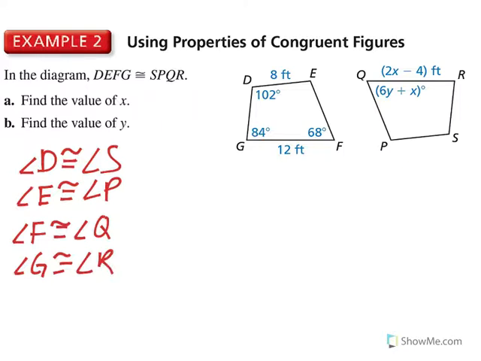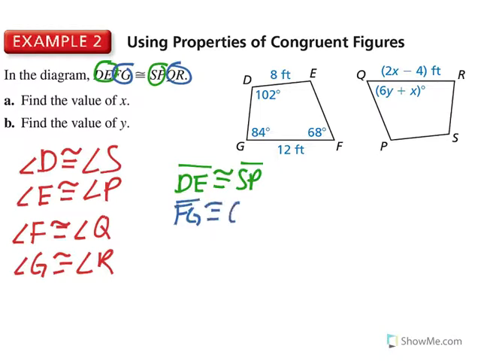I can do the same thing trying to identify my sides that are congruent, just do them in pairs. So if I do DE, my first two of this one, I'm going to have DE is congruent with SP. I can go ahead and leave that there for a second and just look at the second set here. So I can do FG is congruent with QR. So here I did the first two, I did the last two. I can do the two in the middle.